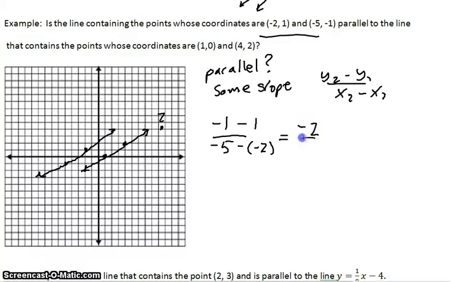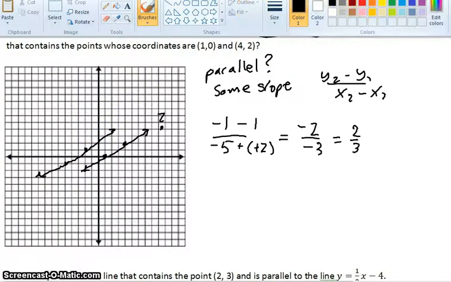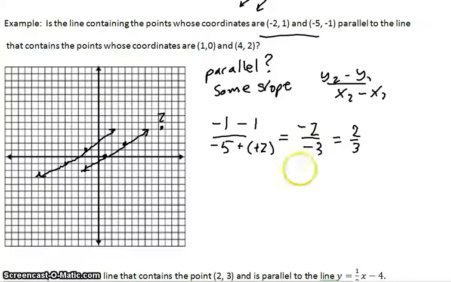And I get -2 over, that changes to a positive, we get a -3, so this changes to a positive 2/3. So my first line, this first one that I had drawn here, has a slope of 2/3. So it goes up 2 and over 3 for any 2 points that I pick.